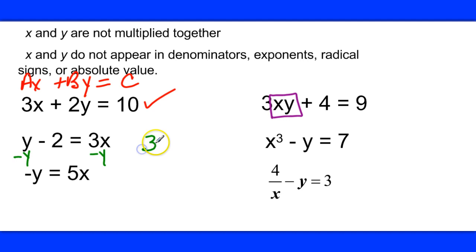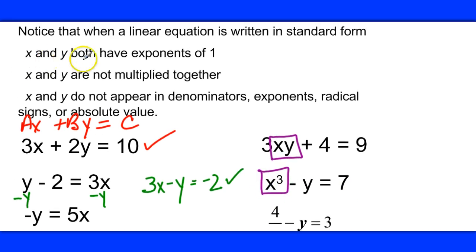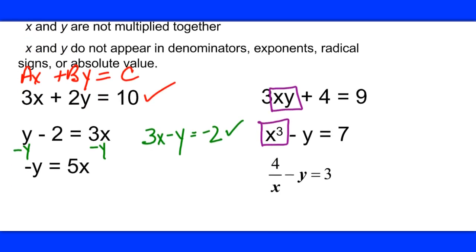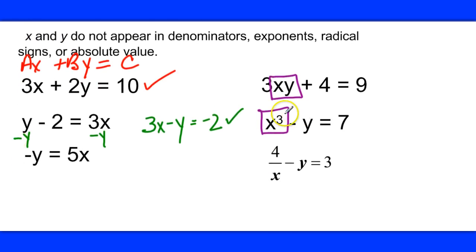That's going to give me 3x - y on one side equal to -2. Ax + By = C, check. What about this one? No, because the x and the y both have to have exponents of 1, and this one has an exponent of 3.